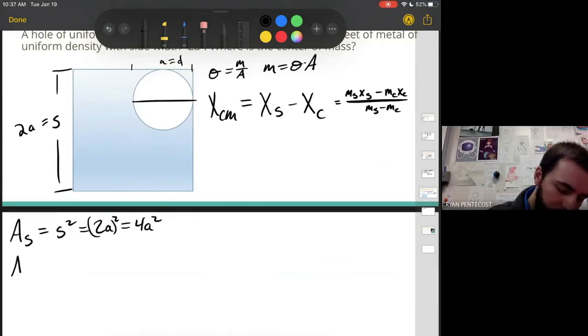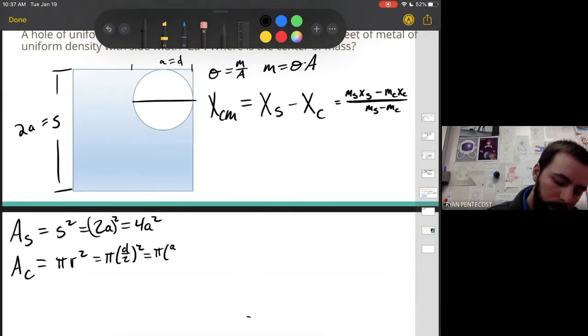Then the area of the circle is pi r squared, which would be pi times the diameter over 2 squared. So that gives us pi times a over 2 squared, which would be pi a squared over 4.